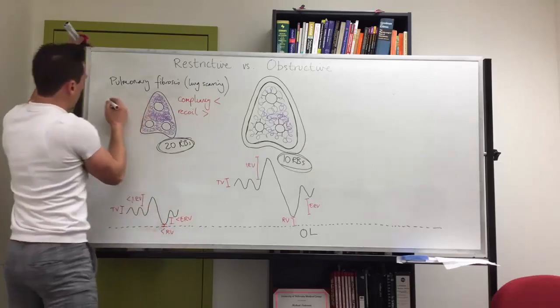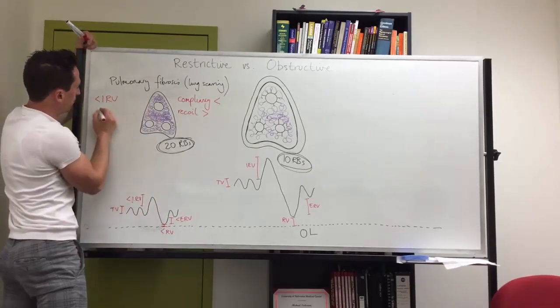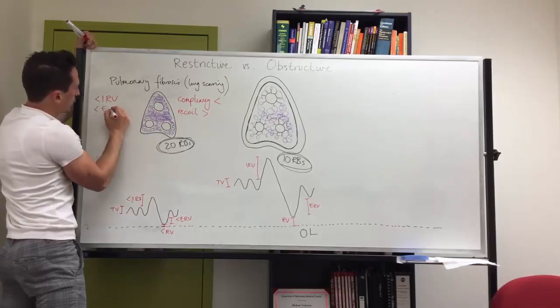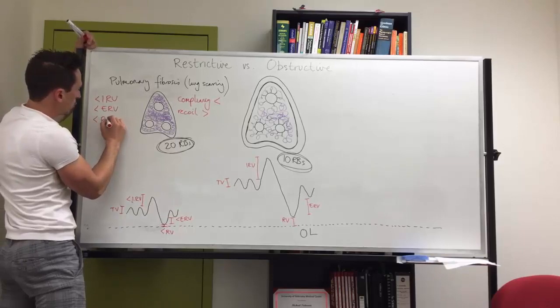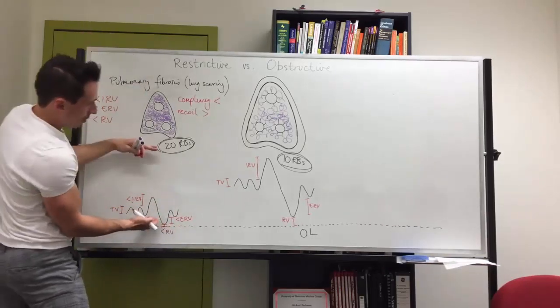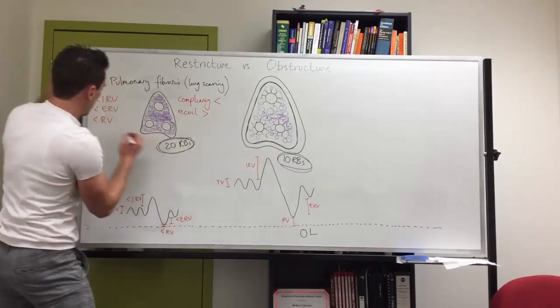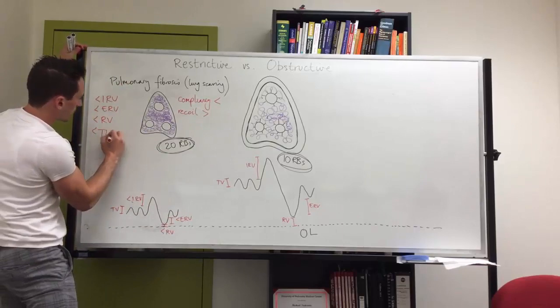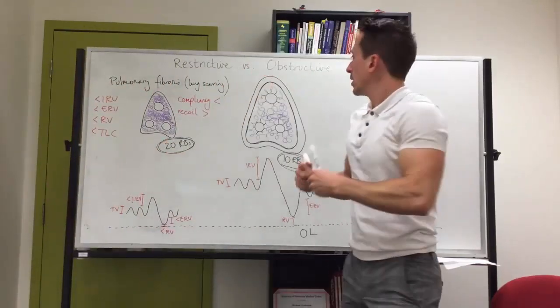So we can write that up here. You have decreased inspiratory reserve volume, decreased expiratory reserve volume, decreased residual volume, and overall, if you look at total lung capacity, well, that's the total lung capacity there, you have decreased total lung capacity as well. This is what you commonly find in restrictive diseases.